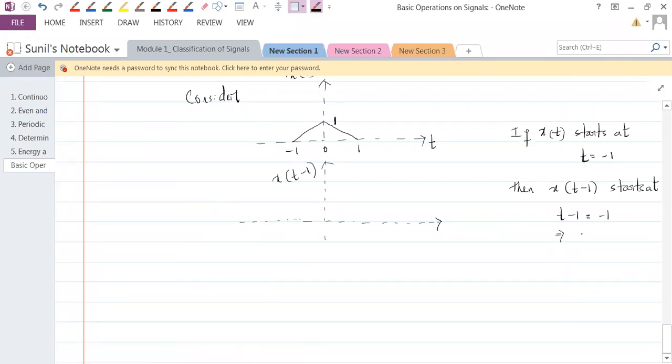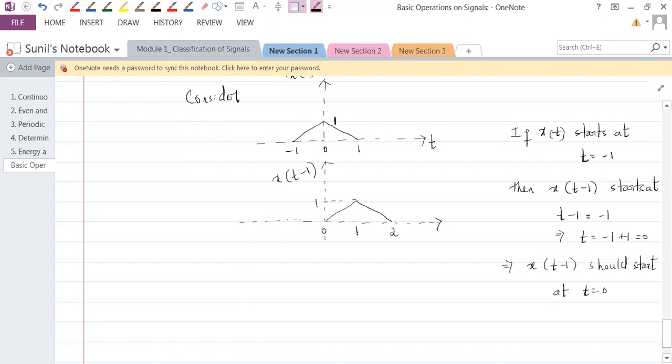This implies it should start at t equal to -1 plus 1 equal to 0. So x of t minus 1 should start at t equal to 0. It should look like this, starting at 0 and ending at 2. So this is x of t minus 1.